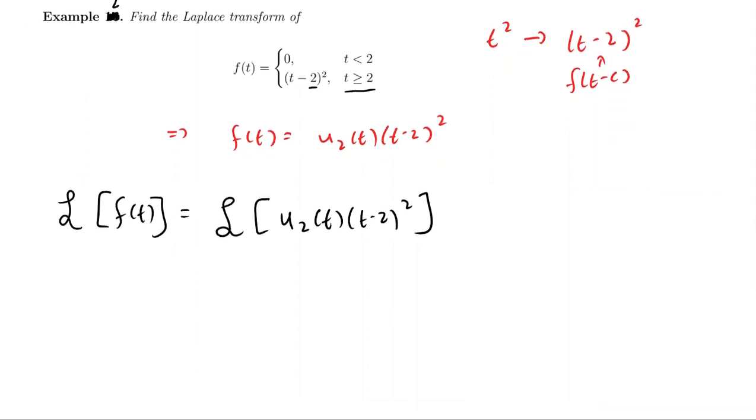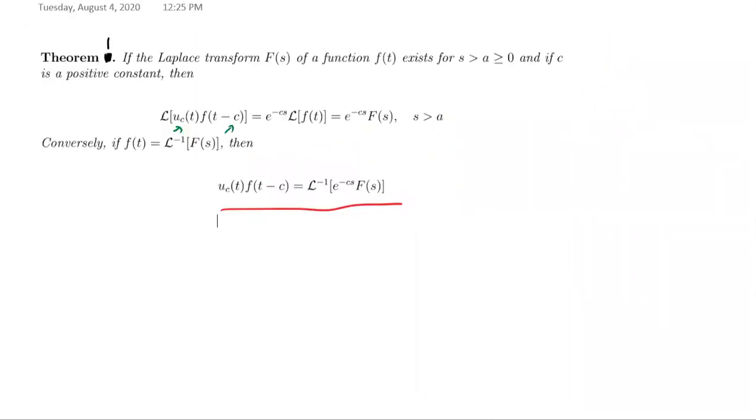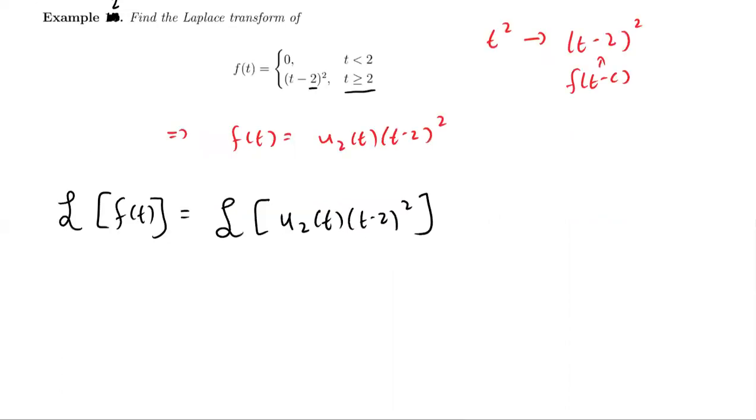By the theorem we saw in the previous video, this is going to be e to the minus cs, where c is the shift, times the Laplace transform of the unshifted function. So by definition, this equals e to the negative 2s, since c is 2 in our case, times the Laplace transform of the unshifted part of the function, so the Laplace transform of t squared.